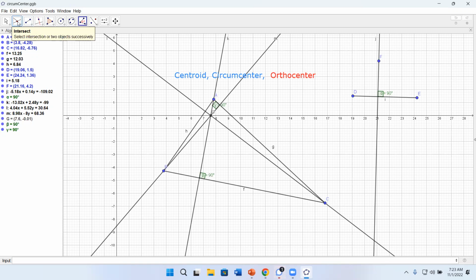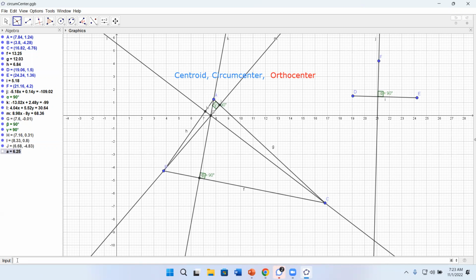So one interesting thing about the orthocenter is that if I take these lengths, for example, the product of the length AG, this line, and this line length, if I multiply them, so I'll just type it in the bottom, you should be able to see AG times GJ. I get 6.25.